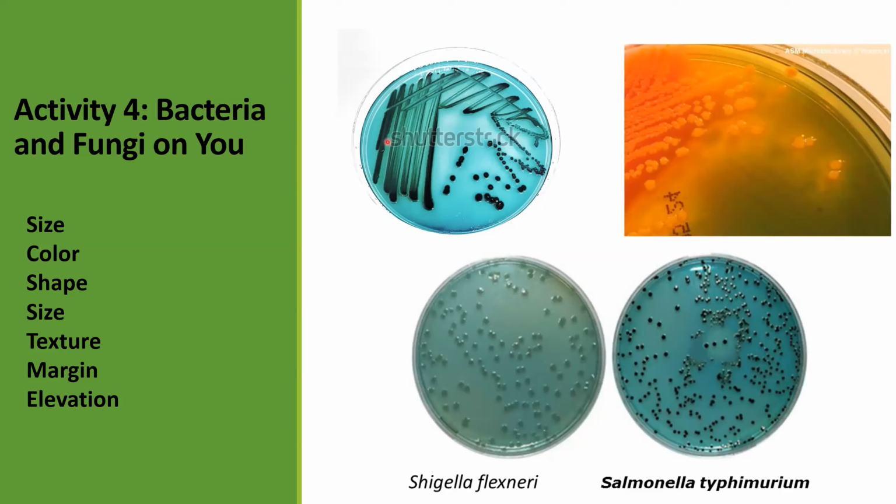So essentially in quadrant 1, you streak it very heavy, which is shown here. In quadrant 2, you go a little lighter. In quadrant 3, even lighter. And then in quadrant 4, it's extremely light so that you get these isolated colonies. If your patient had Salmonella, the bacteria would turn black on the HE agar plate.